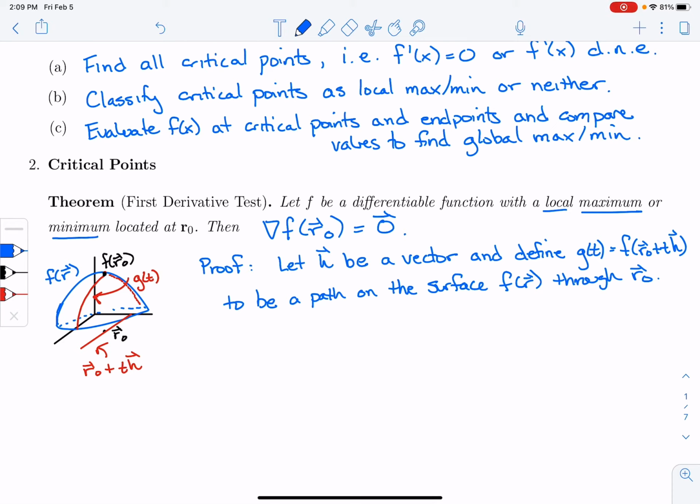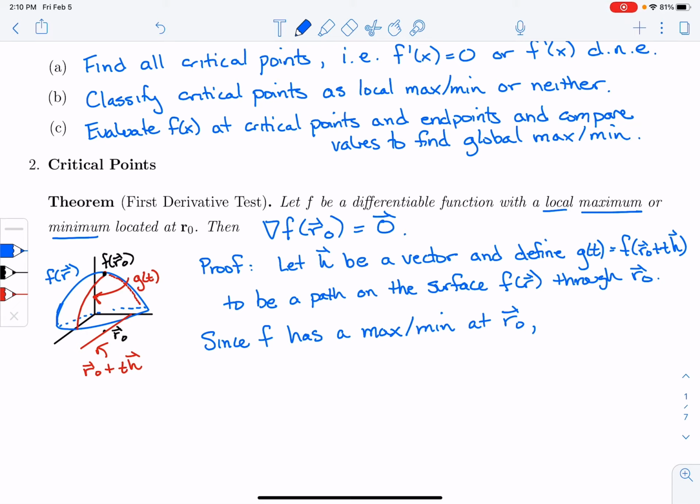So since f has a maximum or minimum at r0, then what I really have for g of t is a single variable function, and f of r0 is where the maximum of that single variable function exists.